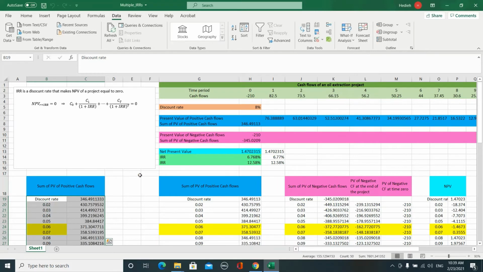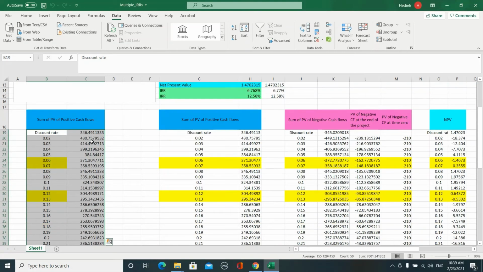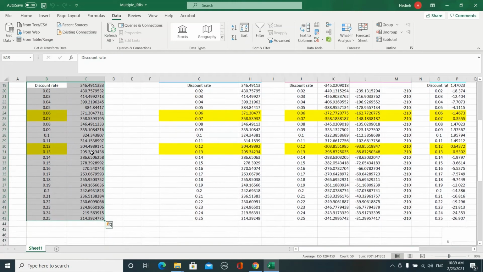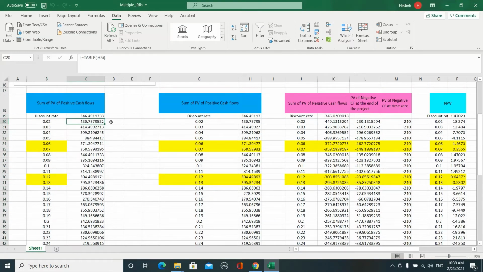Then I click OK, and Excel calculates all of these values for me. You can see that these numbers are the same as what I already had. Okay, so this is how you use a data table to calculate a function for different values of, for example here, your interest rate.